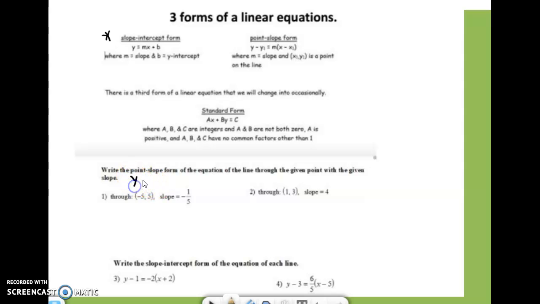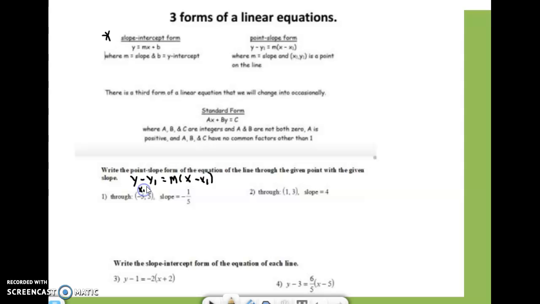It's y minus y1 equals m(x minus x1). Okay. Now, if you'll notice here, we have our x and our y and our m. So all you're going to do is plug everything in.